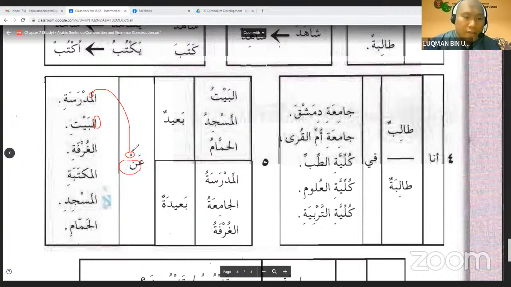So the rule here is to facilitate the reading, because if you stop here, you can stop al-baytu ba'idun an al-madrasati, but that's not the proper way of reading. The proper way of reading is that you have to read it continuously without stop. So al-baytu ba'idun anil madrasati. So ani.